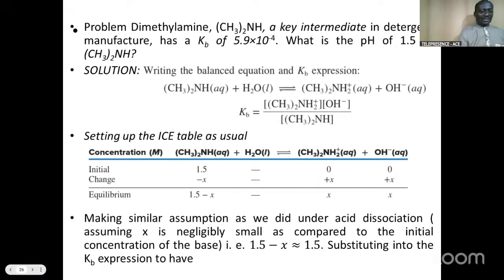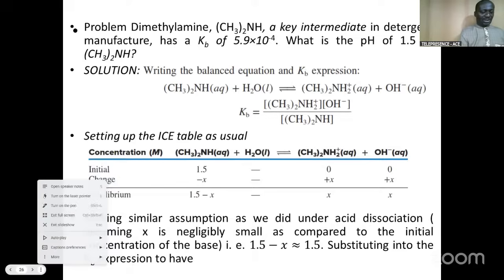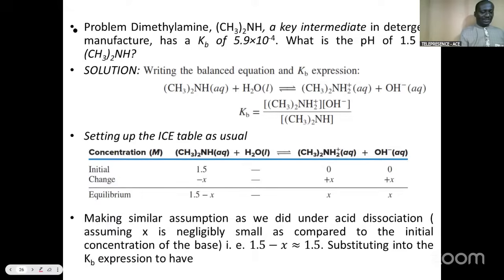All right. So we're about to answer this problem when we ran out of time yesterday. Let's have a look at that. The question says: dimethylamine, a key intermediate in detergent manufacture, has a base dissociation constant of 5.9 times 10 to the power of -4.